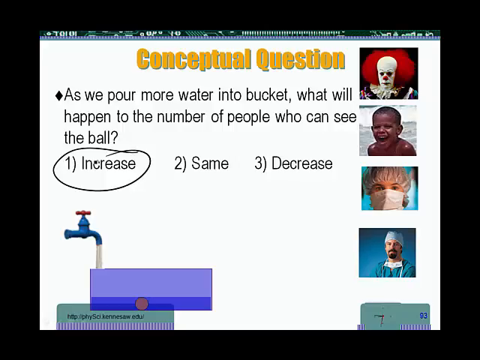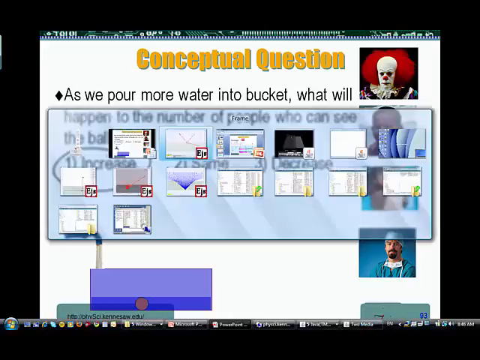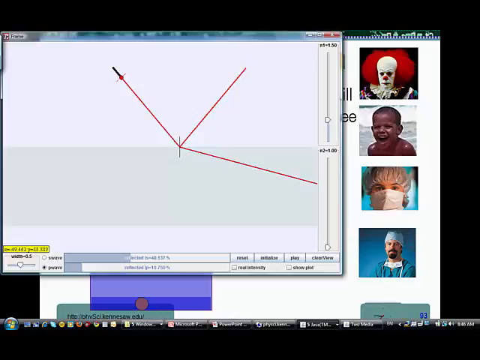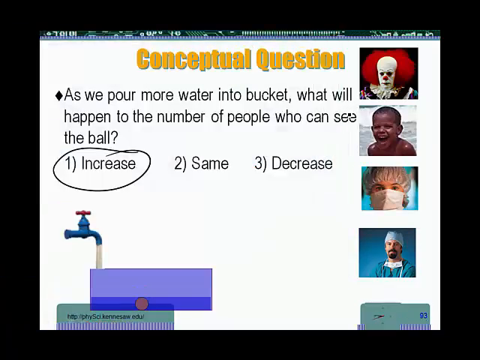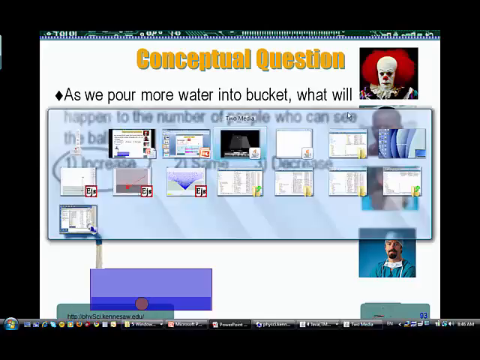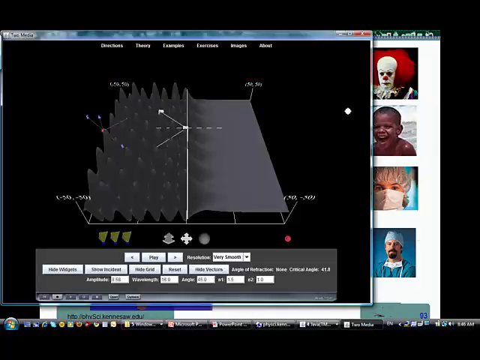Another thing I would like to show you before we get out of this. Actually, let's close this. It's not this simulation. Let's go back to here.